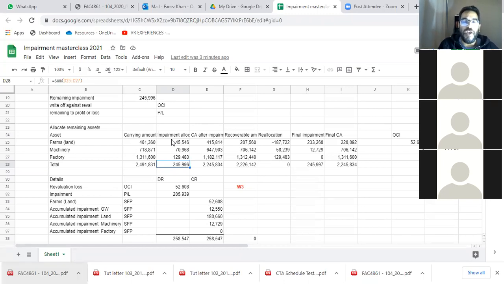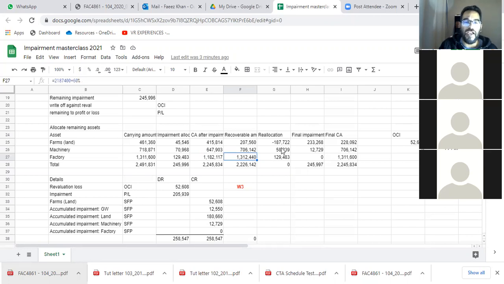What you should know is that the carrying amount after impairment cannot be less than the individual asset's recoverable amount. So here we could see the carrying amount was less than the recoverable amount. If that is the case, you need to do a reallocation.